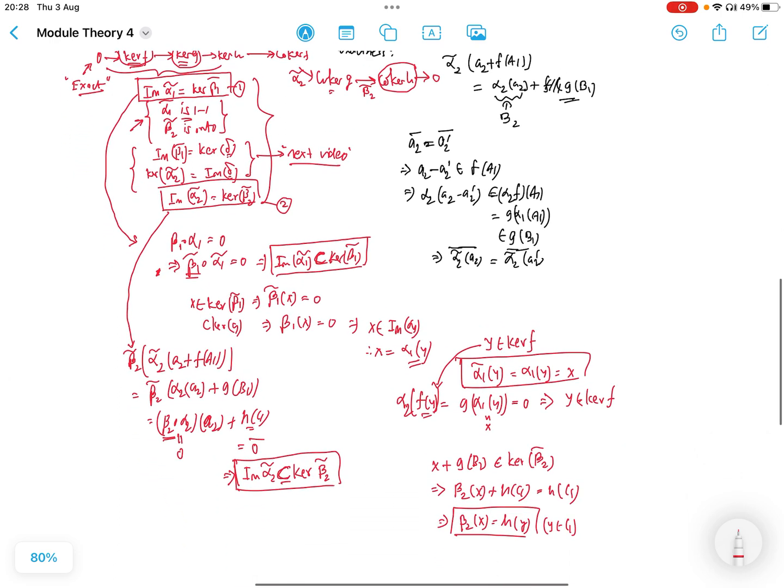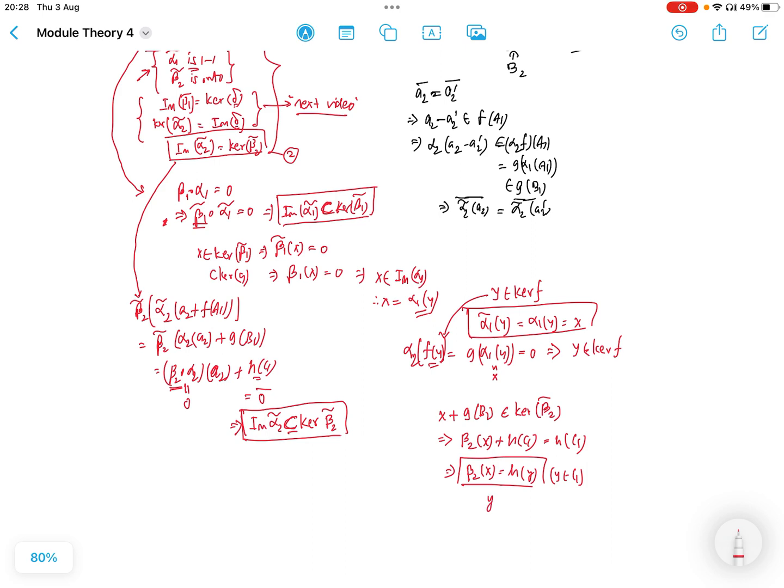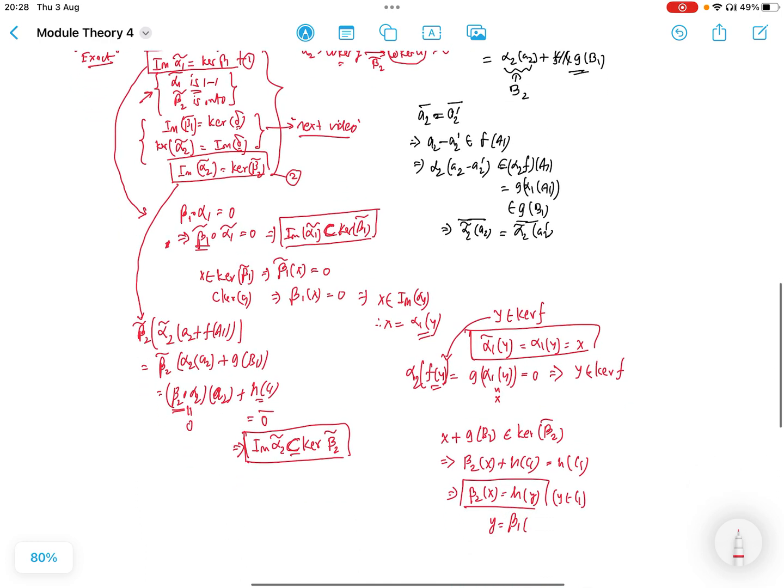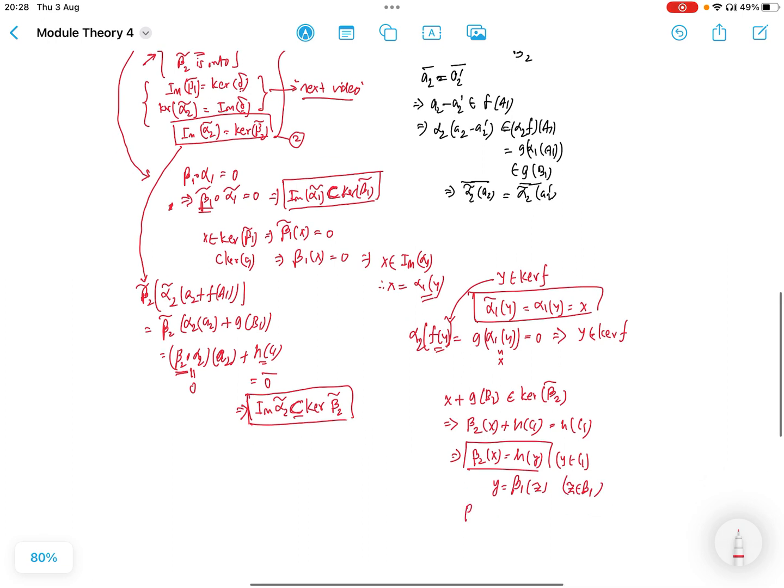So at least y can be lifted to some element, I call it z. At least we can go backward halfway. That z is inside B1. Then beta 2 of x is the same as h composed with beta 1 of z.